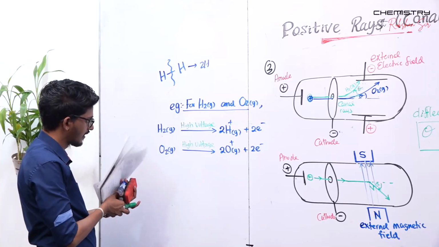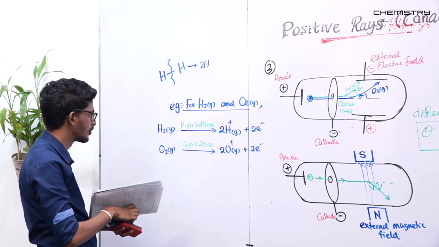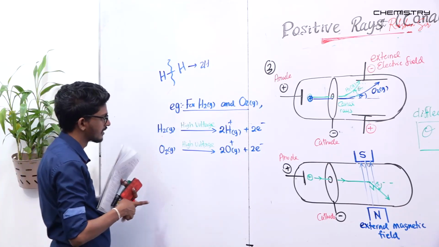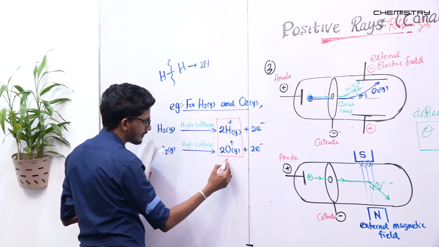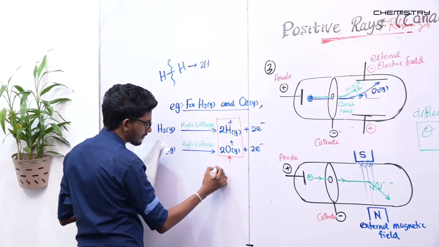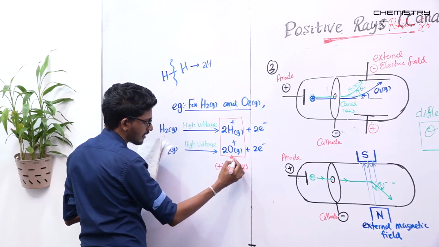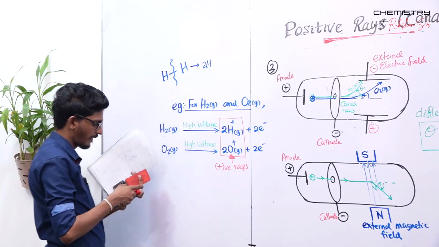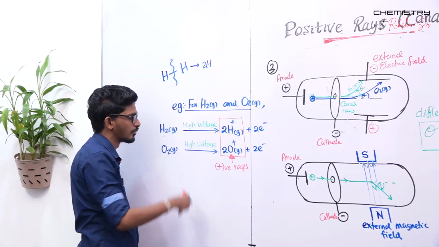But when it comes to anode rays, or the positive rays, you clearly see those differ. These are the positive rays that originate from the gases. With H2 gas you get H plus as your positive rays.